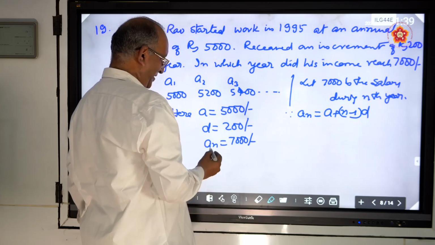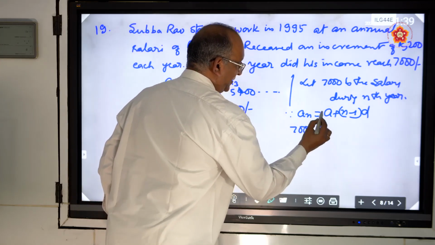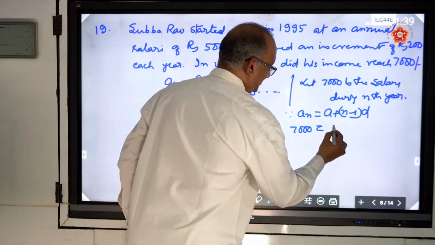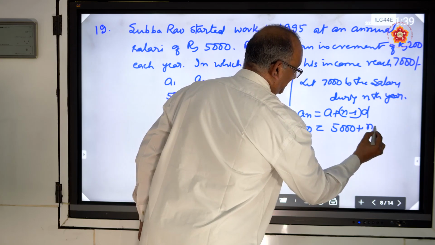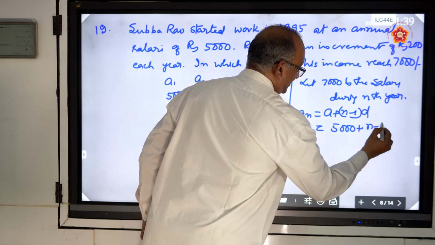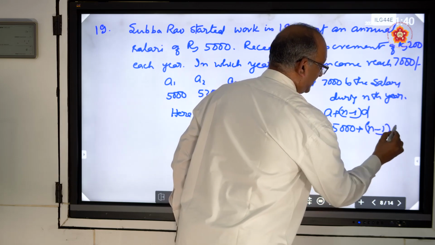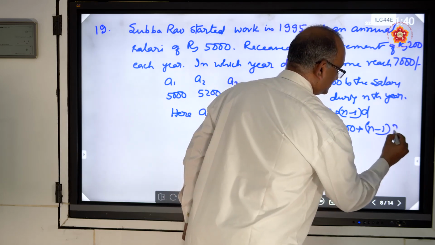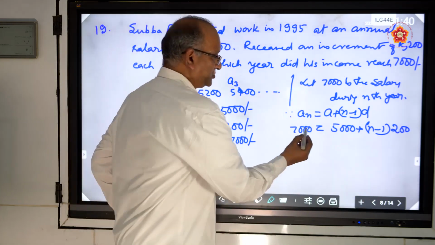Substitute the values. an is 7,000, a is 5,000 plus n minus 1 times 200. We do not know n. So this is our equation. How to solve it?